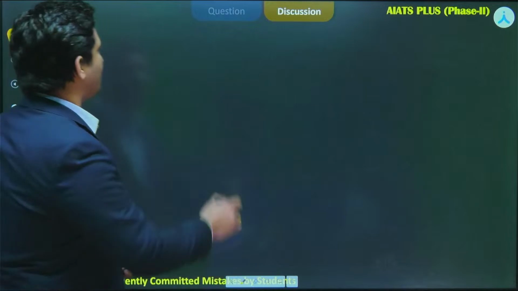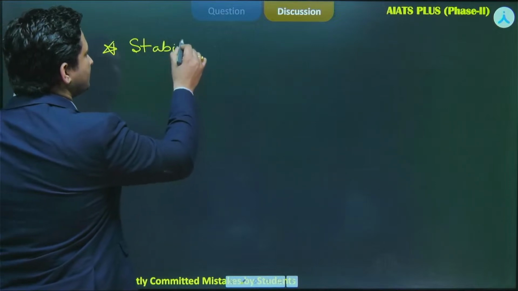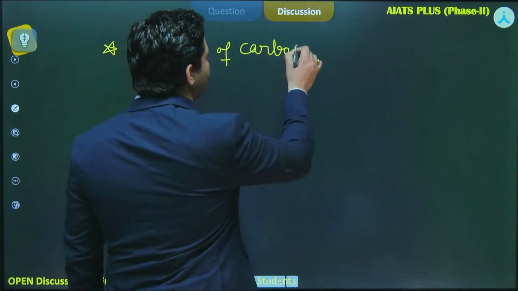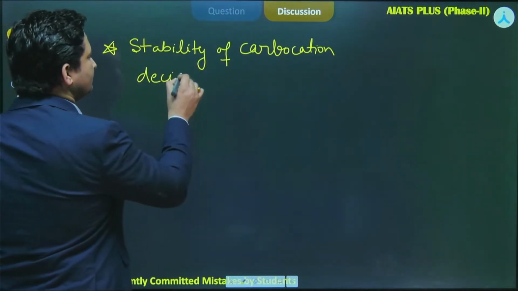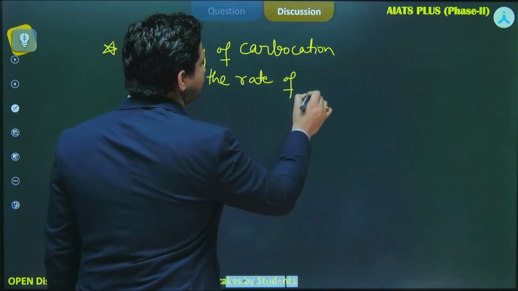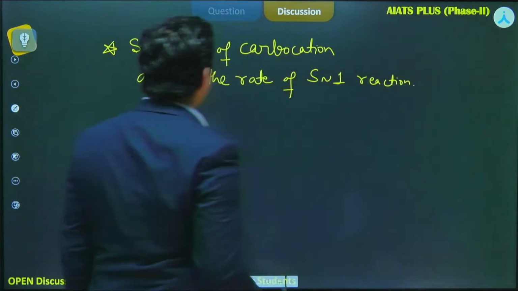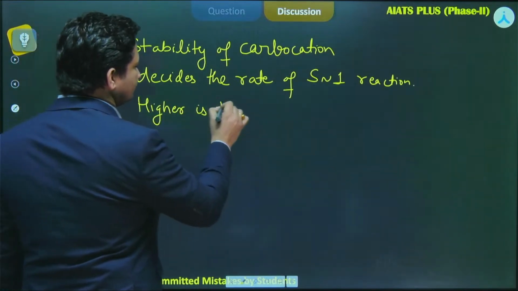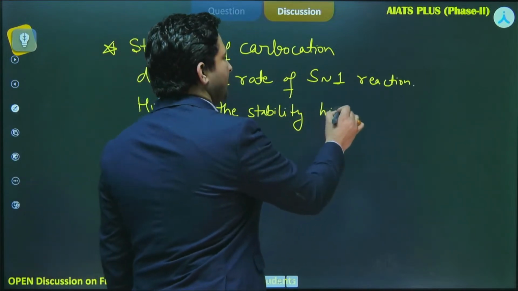So basically the point you have to note here is that stability of carbocation decides the rate of SN1 reaction. Okay, higher is the stability, higher will be the rate.